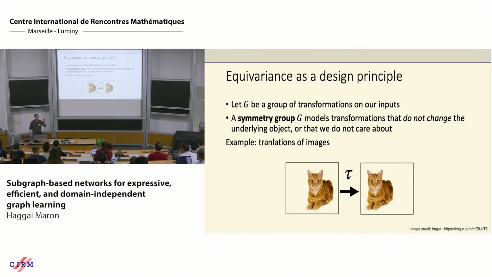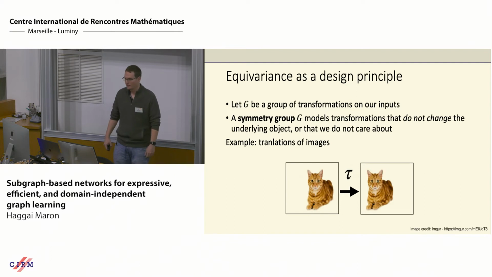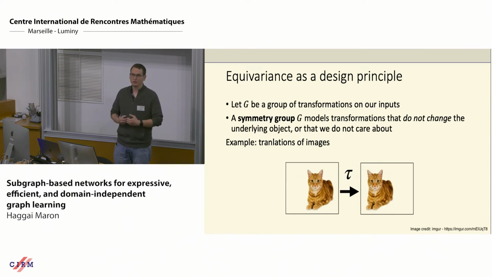So if a cat is found in the left corner or in the upper corner of an image, it doesn't matter for us. This is still a cat. And we would like our model to be invariant to those kinds of transformations. For graphs, we have a similar thing, right? We would like to be invariant to the order of the nodes. This is something that is arbitrary, in most cases at least. And we would like to be invariant to that.